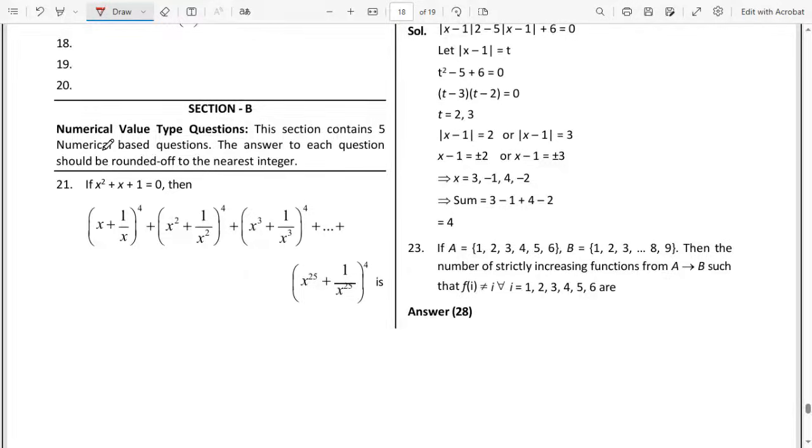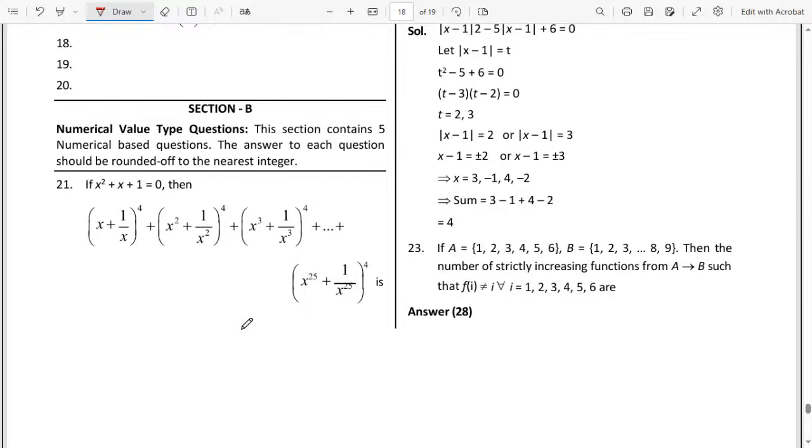As I said, this section is numerical value type questions where you have to enter the number as an answer. So there will be no options given. Even if you enter wrong answer, you are not going to lose any marks.